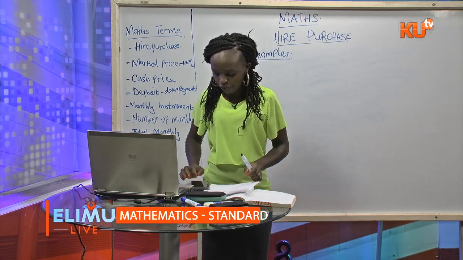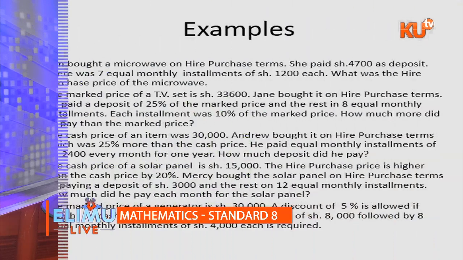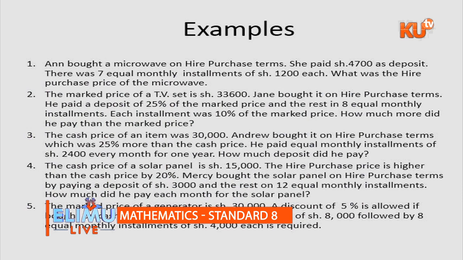So our first example, example number one. Anne bought a microwave on a hire purchase price. She paid 4,700 as deposit. There were 7 equal monthly installments of 1,200 shillings each.